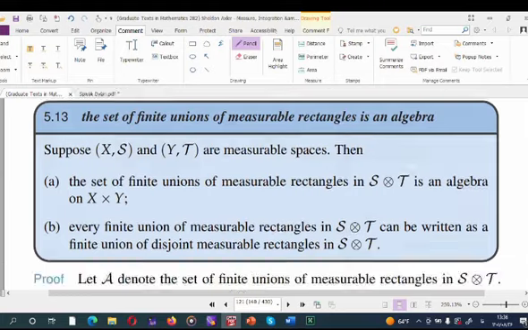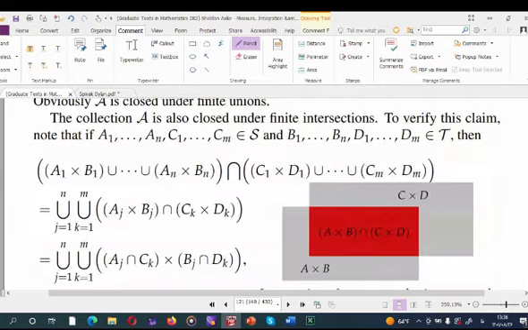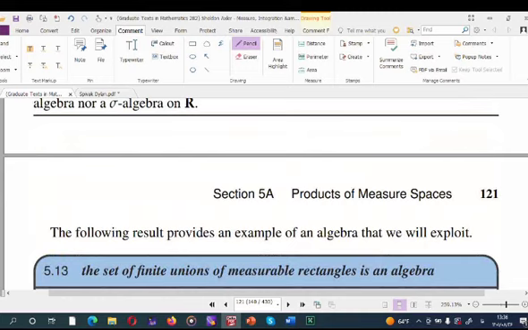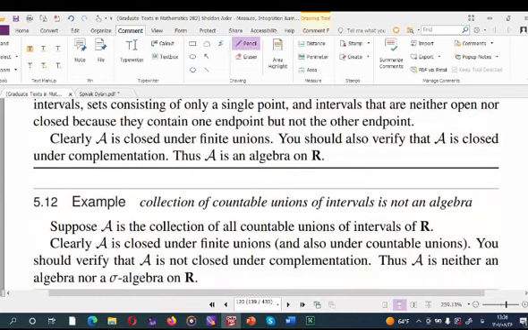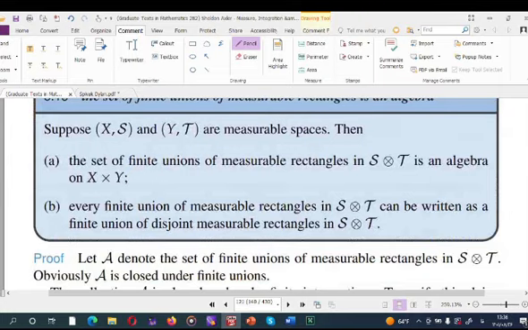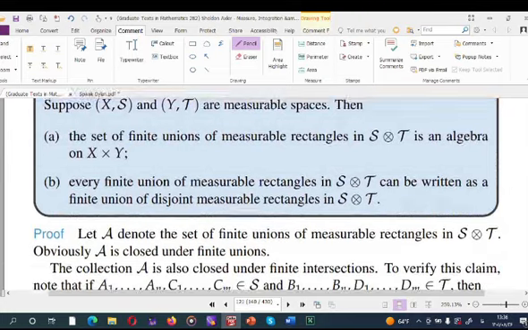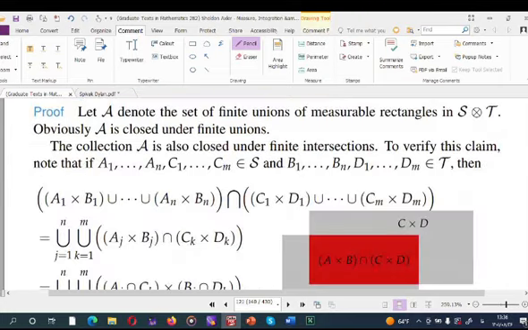Its proof is easy, and we saw a special case of this proposition in the previous example. Okay, let A denote the set of finite unions of measurable rectangles in this sigma algebra.